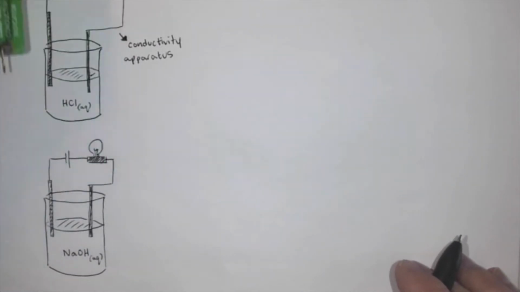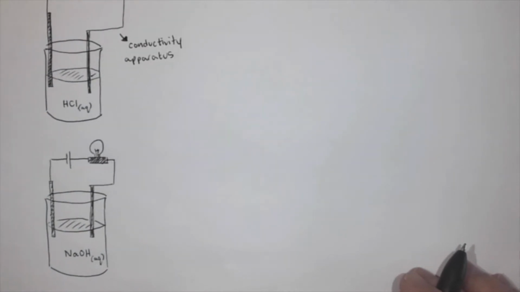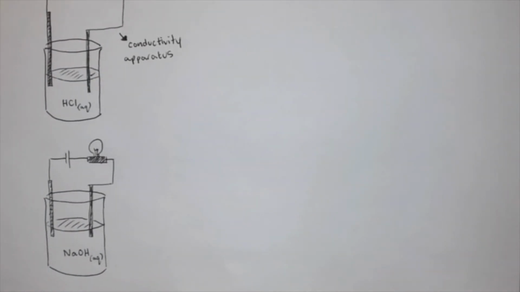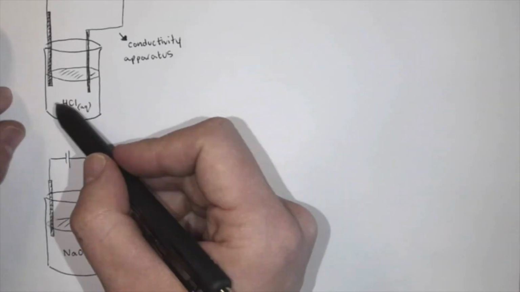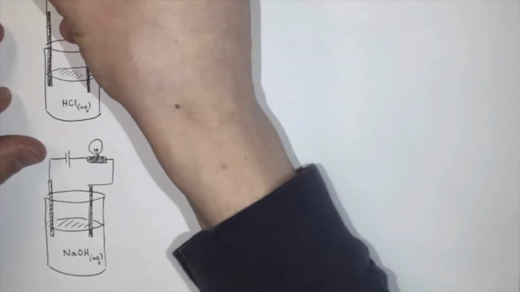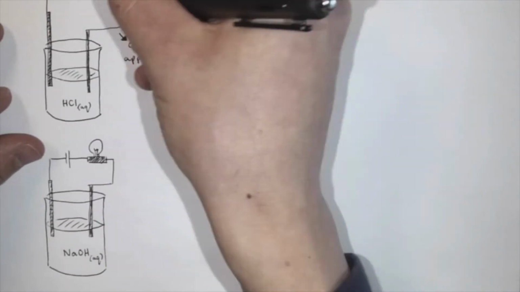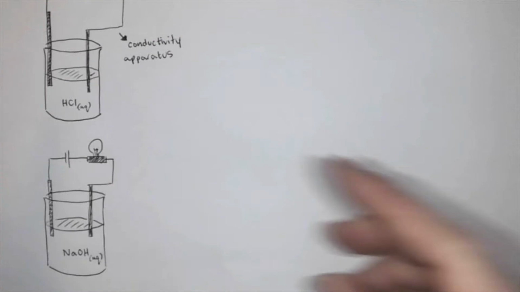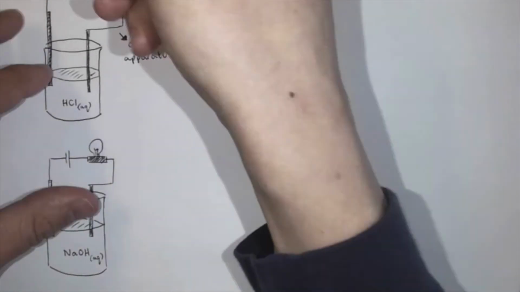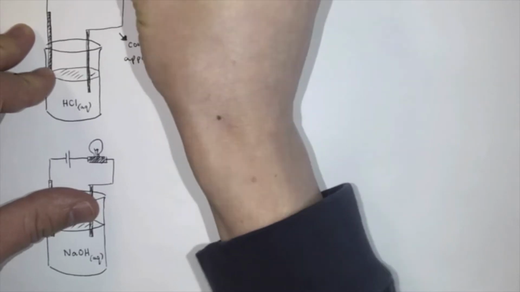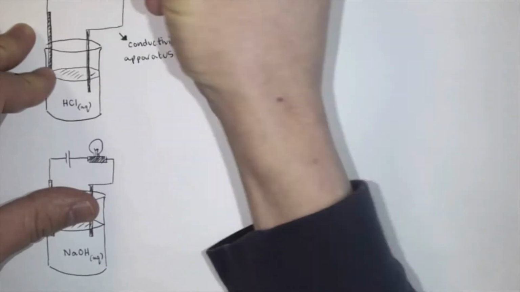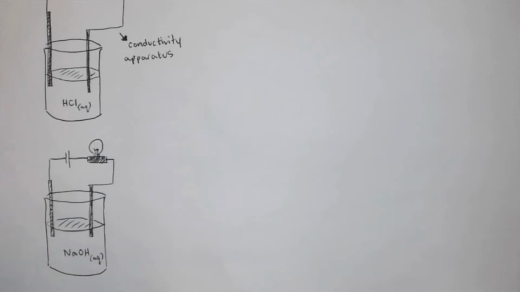All right, so what do we notice in our last little video where I demonstrated this? Well, when I stick these electrodes into some hydrochloric acid, it allows for the flow of electrons, and the light bulb blinks on. So that tells me that it's conducting electricity.